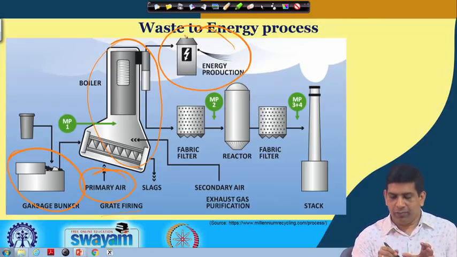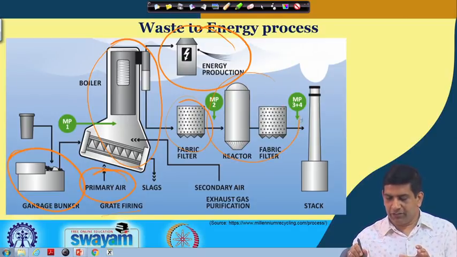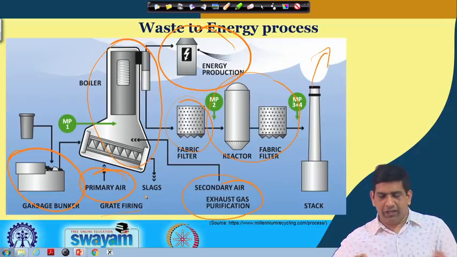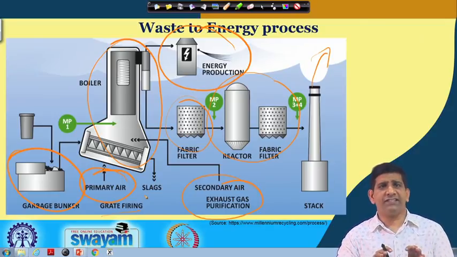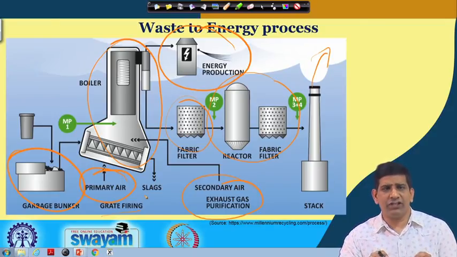The air pollution coming out goes through your fabric filter and some other reactors and filters, and then finally goes up the stack, after getting through the air pollution control system. You also have some secondary air for exhaust gas purification. So this is just a very simple sketch of a waste to energy plant.